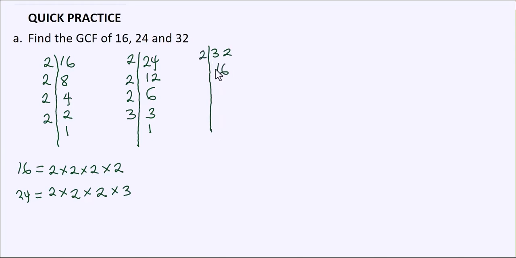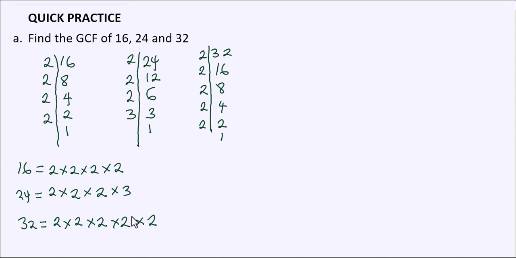Now 2 can still go. 16 divided by 2 gives us 8. 2 can still go. 8 divided by 2 gives us 4. 2 can still go. 4 divided by 2 gives us 2. 2 can still go. And 2 divided by 2 is 1. And we are done. So for 32, we have 2 multiplied by 2 multiplied by 2 multiplied by 2 multiplied by 2.